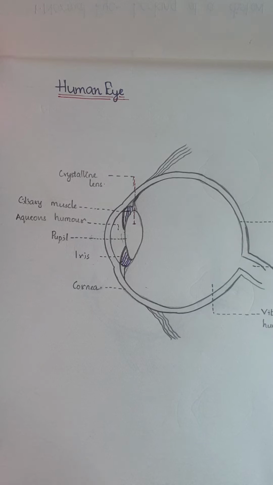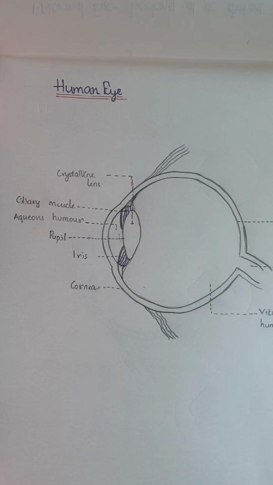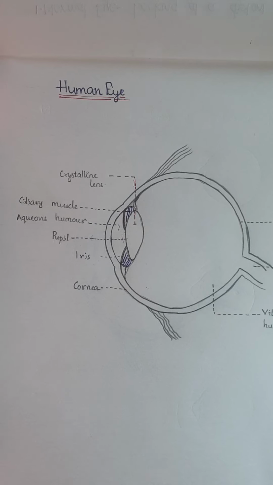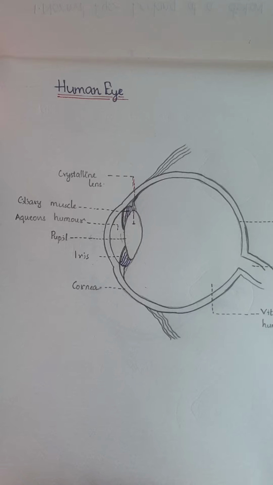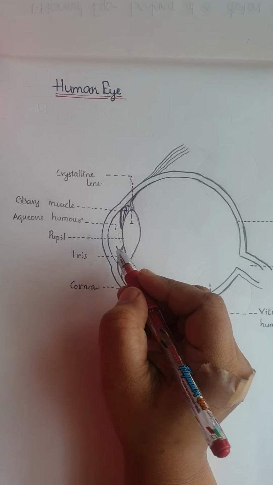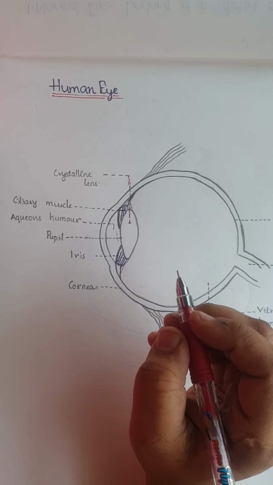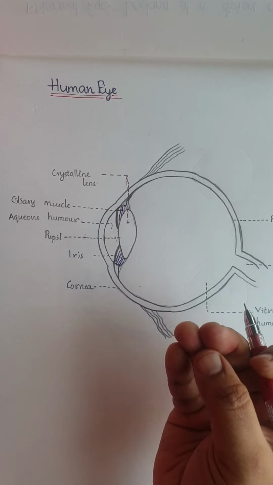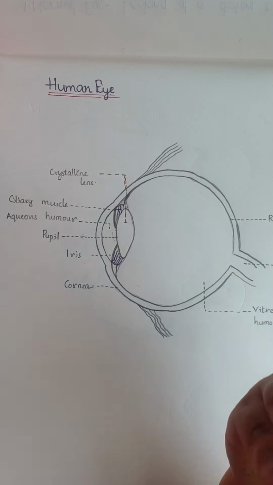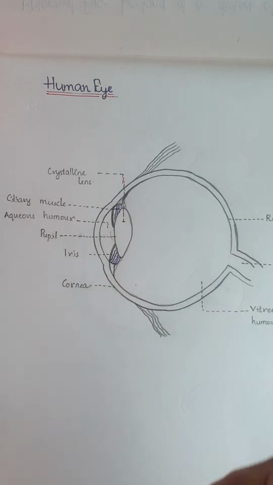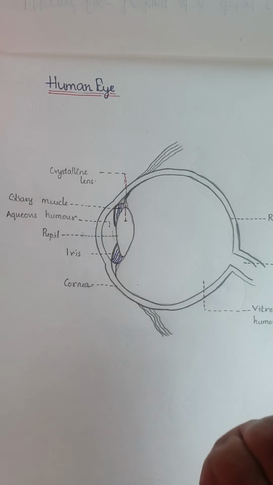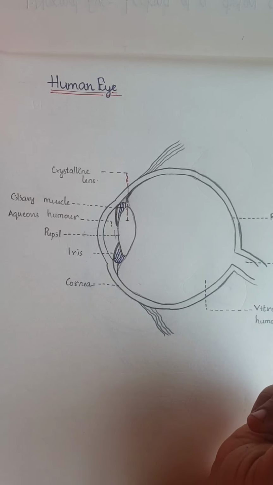Why? After some time you are able to see things. For that, the pupil plays an important role, controlling the amount of light that enters our eye.